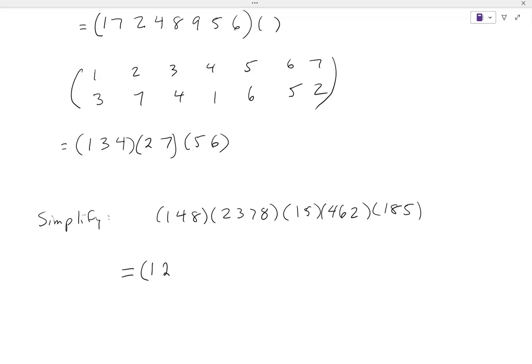Because if I write it down this way, by the way, this would be the longhand notation for that same cycle. That's the longhand notation for the (1 8 5).